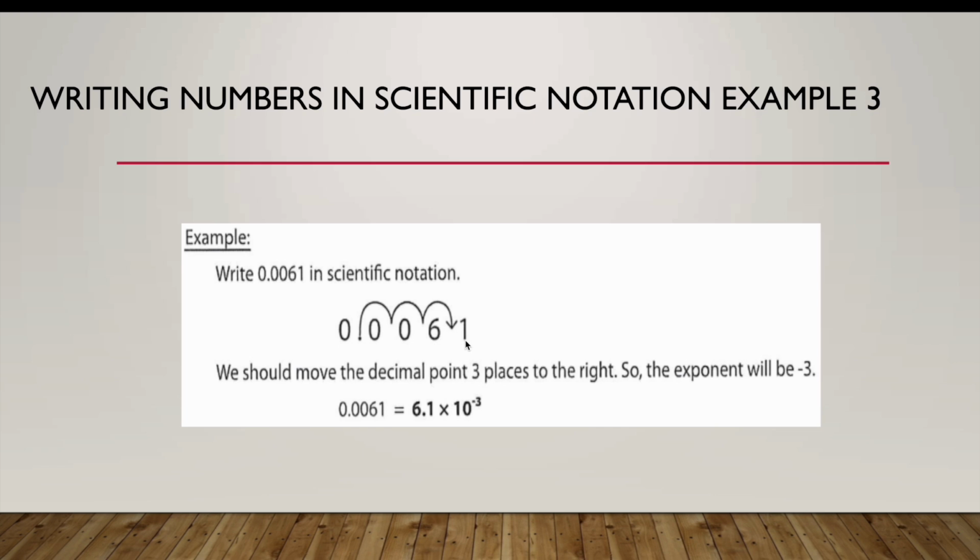That gives me a 6.1. My exponent will be -3 because I moved it to the right 1, 2, 3 times. And I should end up with 6.1 times 10 to the -3rd power.